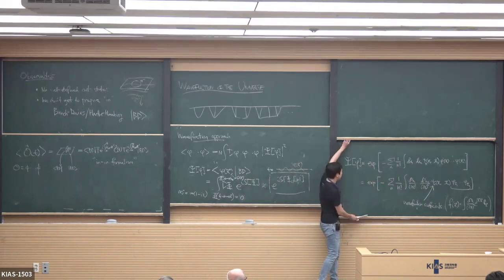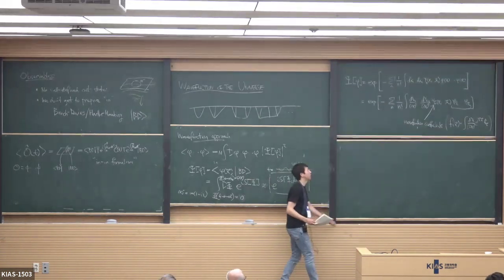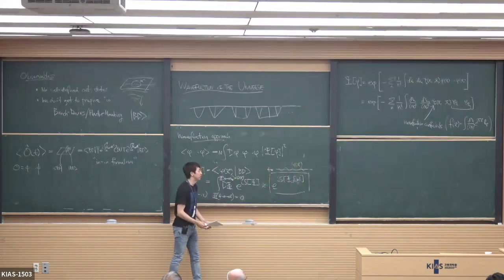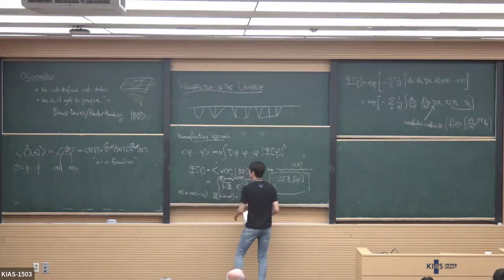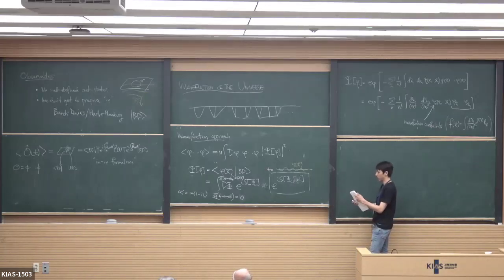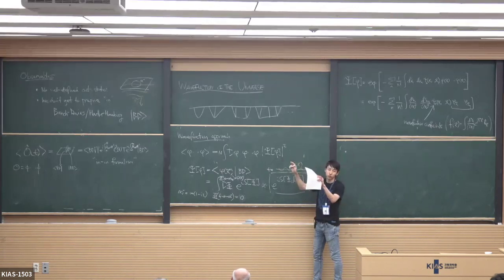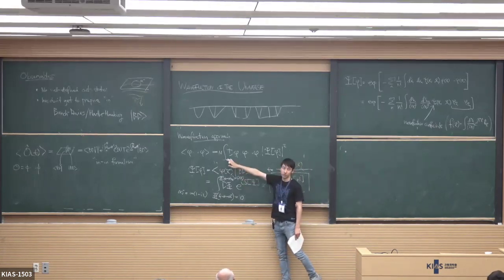Okay, so let me also mention why we might even consider this way of computing correlation functions instead of using the in-in formalism. The reason is the following. If you look at this expression, we can think of the wave function as being the square root of the correlation function.